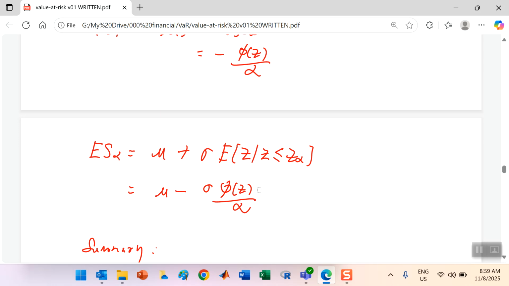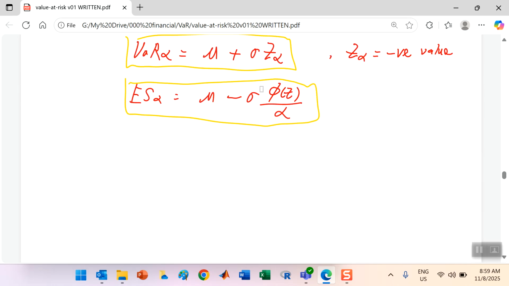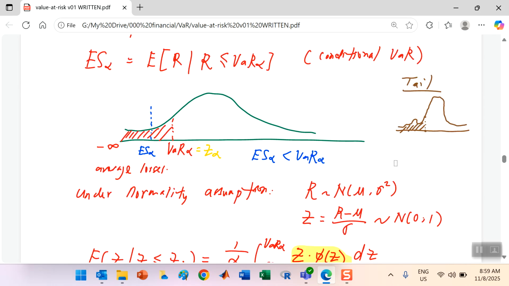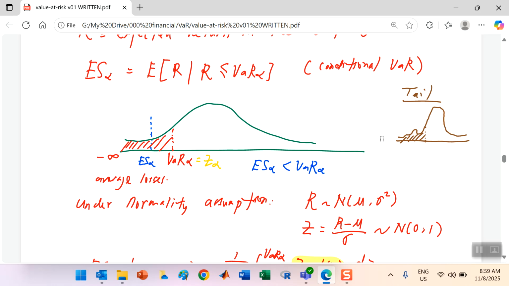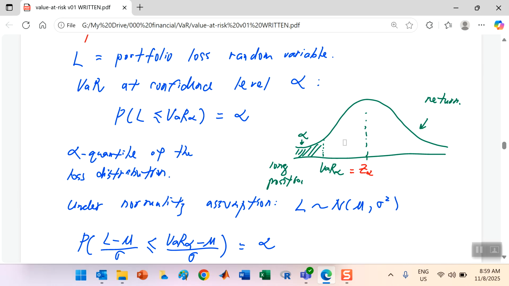So this is basically the average value of the range from negative infinity until the alpha or the VaR position. This is the expected value.